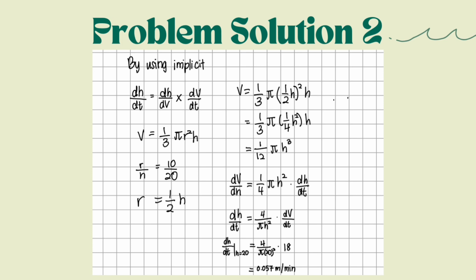Besides the chain rule, we can also find the answer by using implicit differentiation. The first step that we need to do is to write down the implicit differentiation formula.